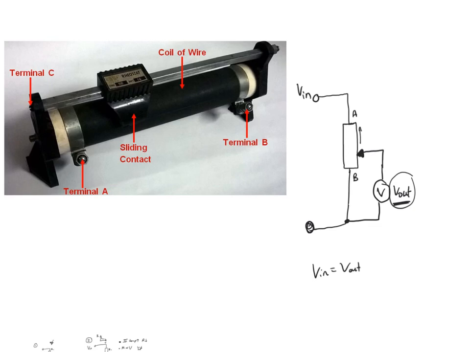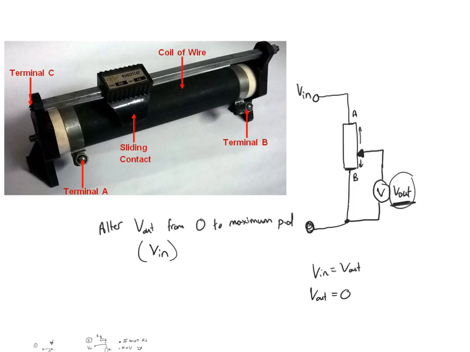However, if you move the sliding contact to B, so to the very end of the potentiometer, then the V out will decrease until it's 0. So that means that a potentiometer allows us to alter V out from 0 to maximum potential difference, which is V in basically.